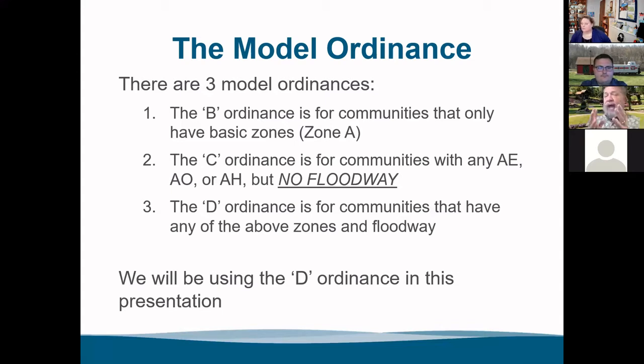And so because of that, today, we're just going to pull up a D ordinance and talk to you about it, because if that's not what you need, if all you need is a B, we'll still be covering all of that stuff. We'll just cover a little bit of extra stuff besides. So that's how we're going to be handling that today.